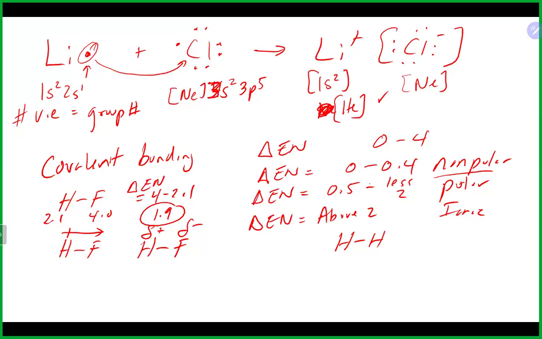So then we talked about drawing Lewis structures for covalent bonding. When we have sharing of electrons, the first thing we want to do is count up the total number of valence electrons.